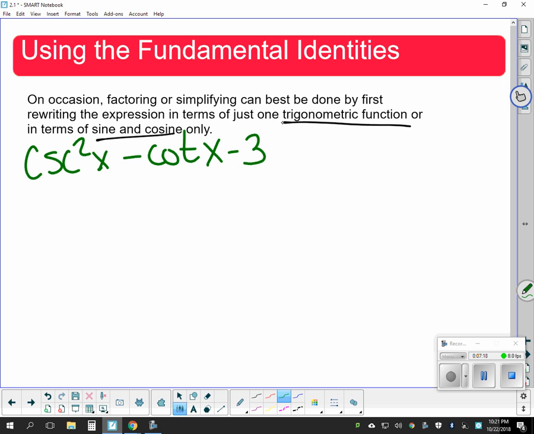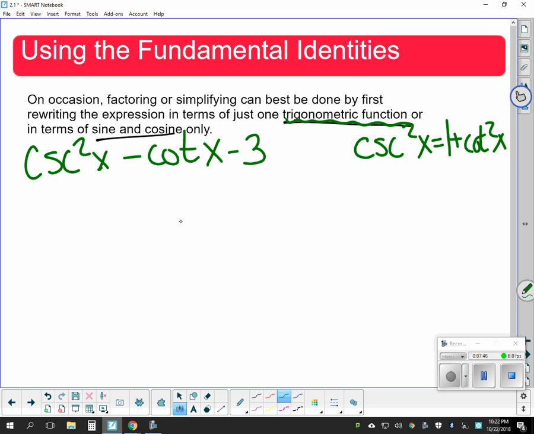I'm going to go with the first suggestion, just one trig function. So how can I write these in the same form? Well, you got to remember your identities. As soon as you see one of these squared terms, you've got to look at your Pythagorean identities. And I know that cosecant squared of x equals 1 plus cotangent squared of x.